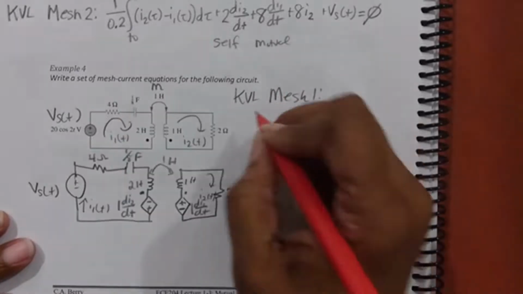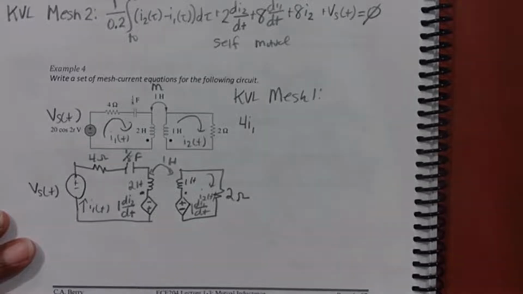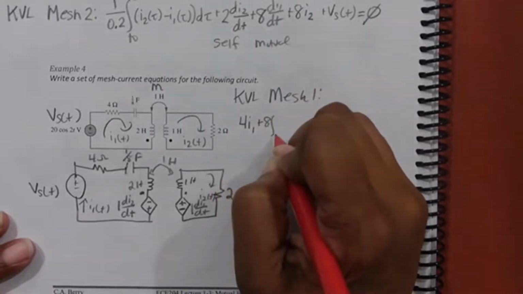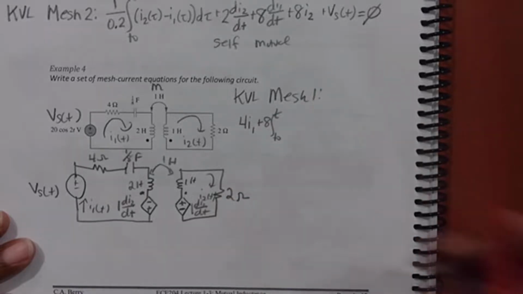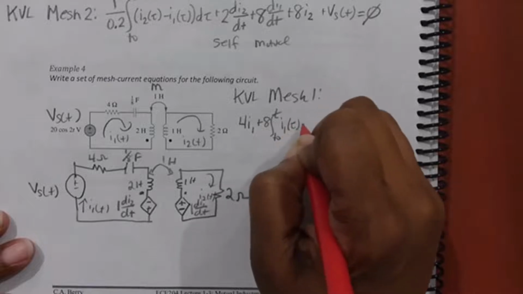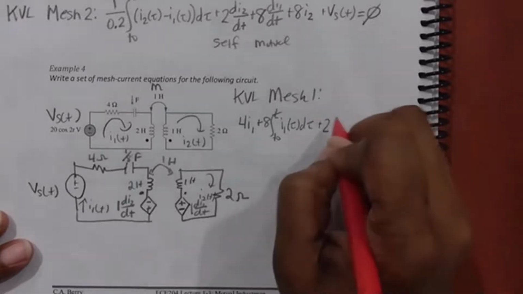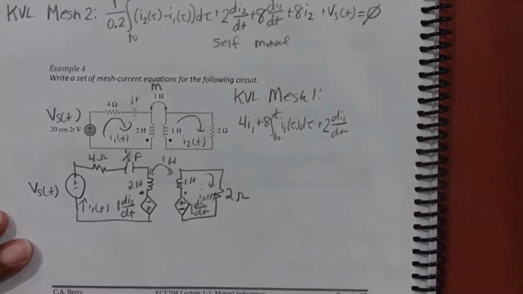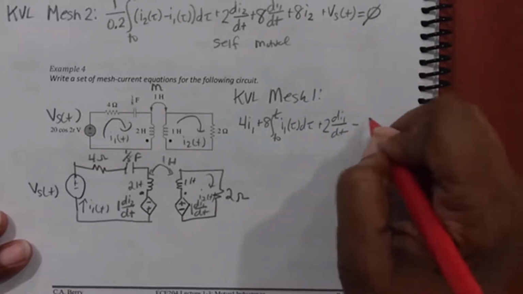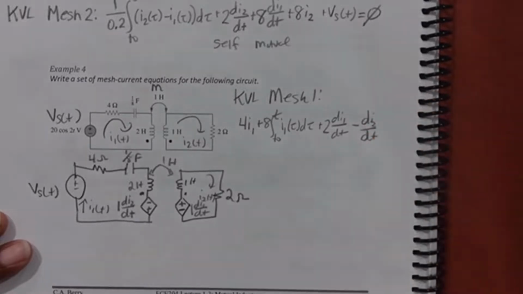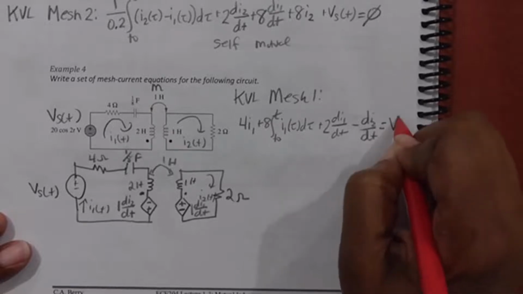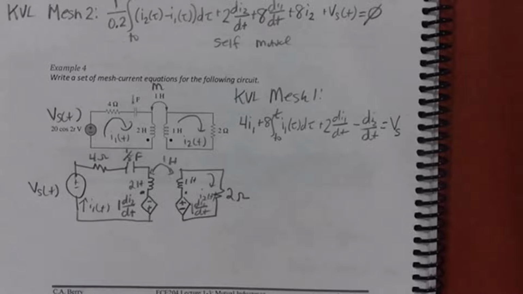I am going to do, starting with the 4 ohm, 4I1 plus 8, the integral from t naught to t, I1 of tau d tau, that's for the capacitor, plus the self-induced voltage 2 di1 dt, minus di2 dt, and that equals my voltage rise, or equals Vs. 4I1 plus 8, the integral I1 of tau d tau, plus 2 di1 dt, minus di2 dt equals Vs.